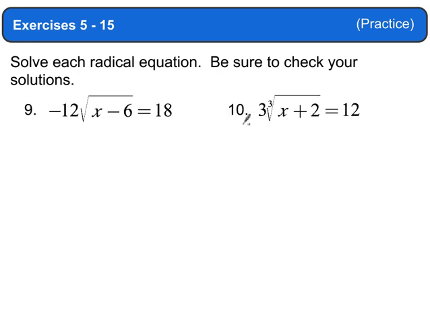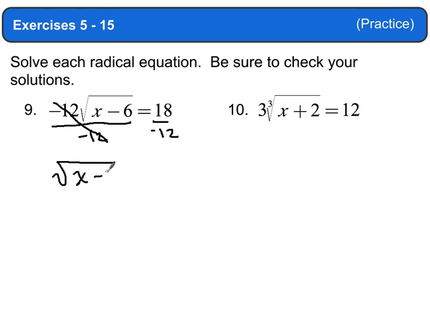If we looked at number 9, same idea. Notice the radical is not isolated. So the first thing that I would have to do is divide both sides by negative 12. Because right now that negative 12 is multiplied to the radical, that would allow these to cancel.